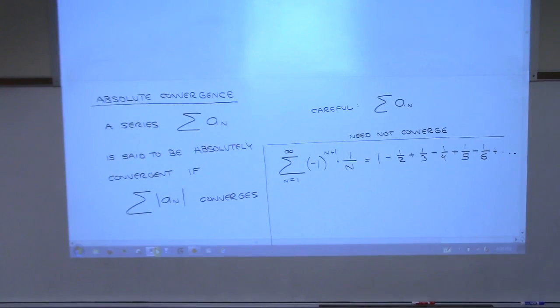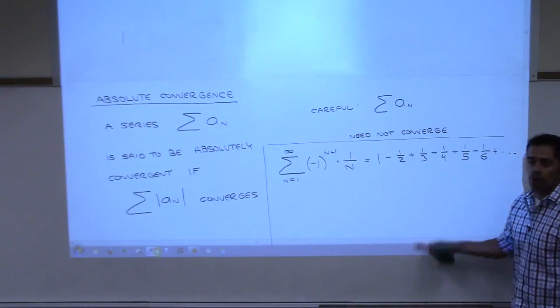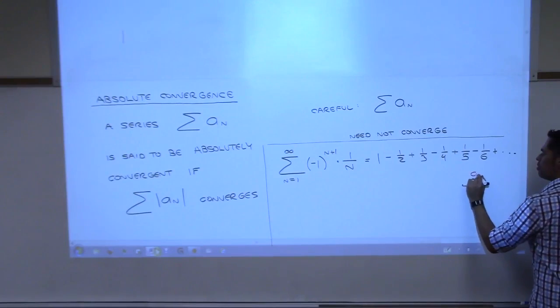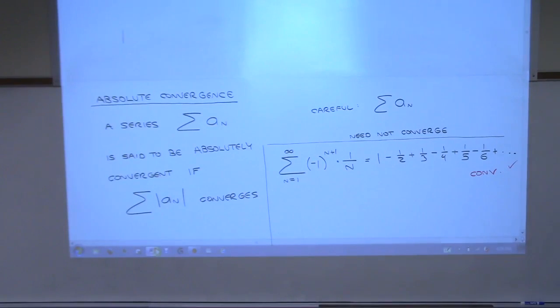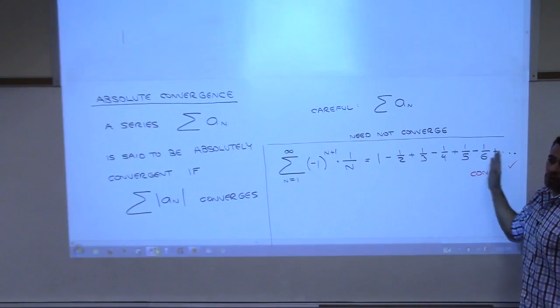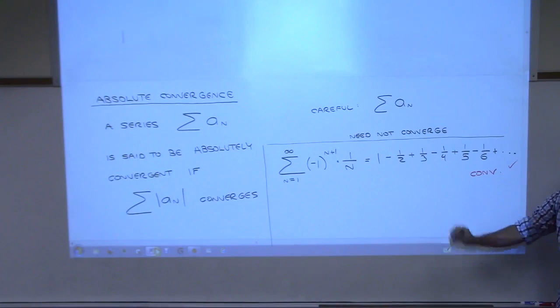We did that a little while ago. Remember what we said this does? This converged. We showed it converged using the alternating series test.